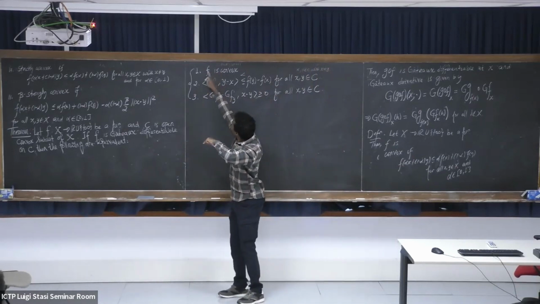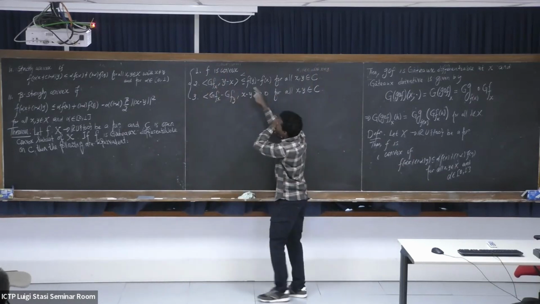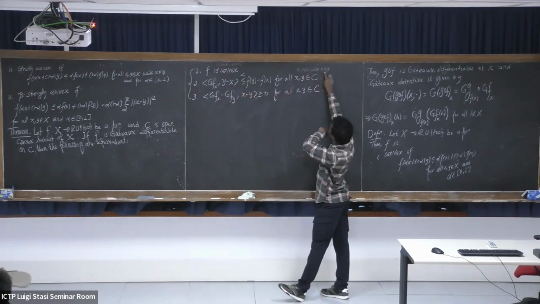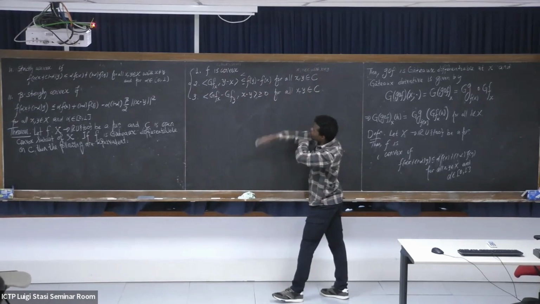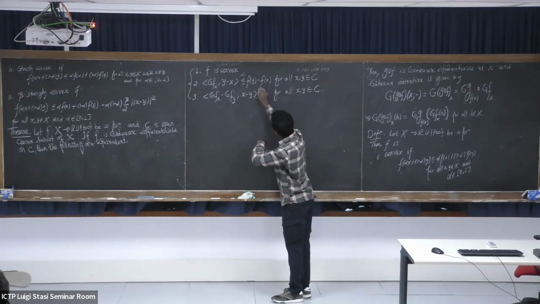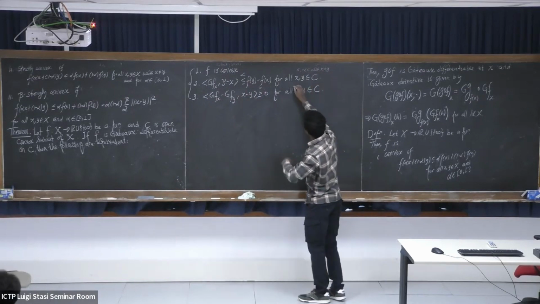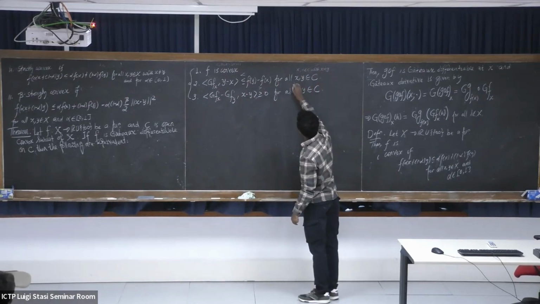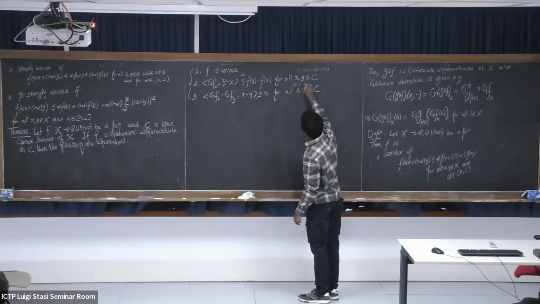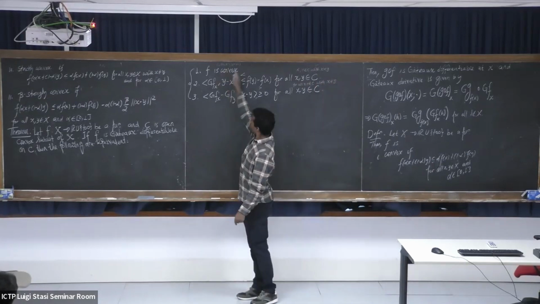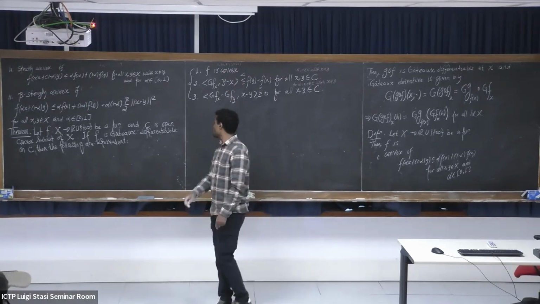That is strictly convex. This condition holds for two distinct points, and this is also strictly greater than 0. What we add here is that x and y are distinct. If it's strictly convex, this three-way equivalence will hold.